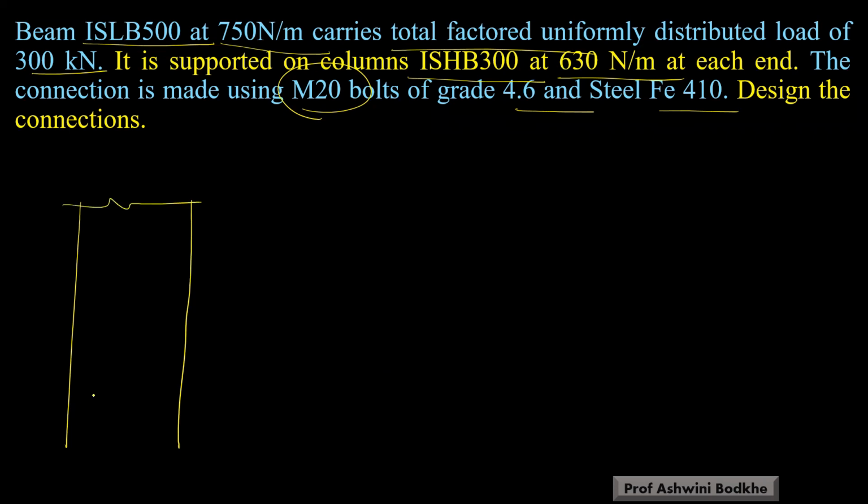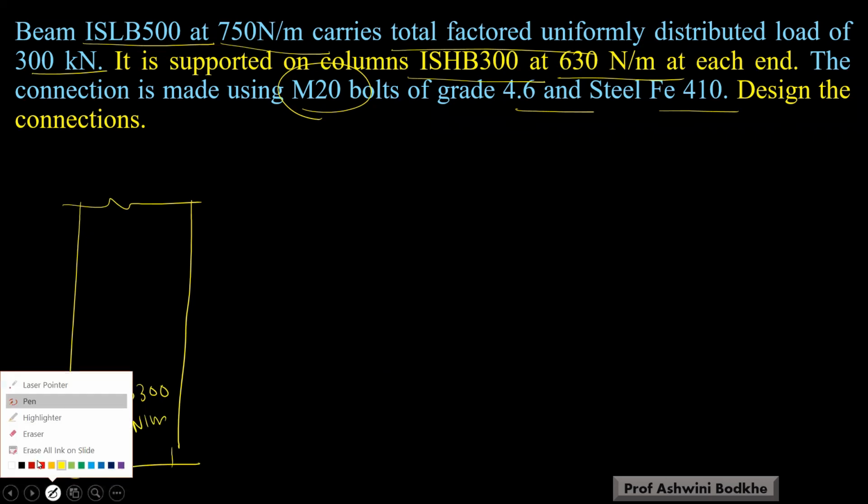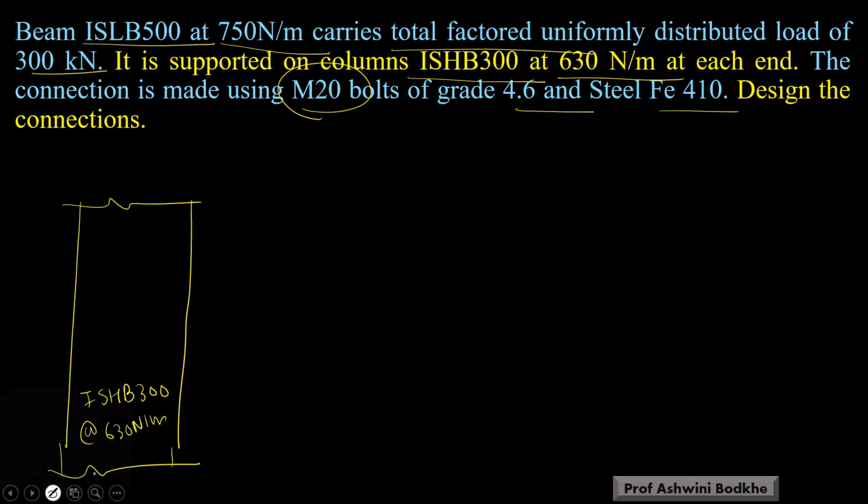is given. Size of column is ISHB, Indian Standard Heavyweight Beam 300, that is the depth of the heavyweight beam or column is 300 mm and weight is 630 Newton per meter. Okay, next. Beam ISLB 500 is given.